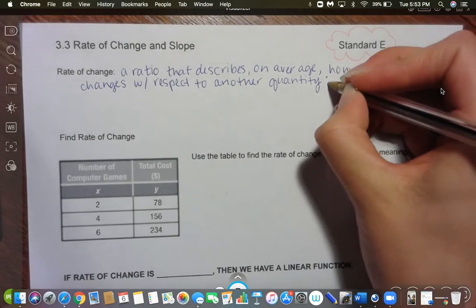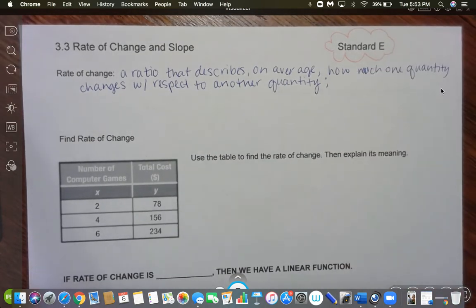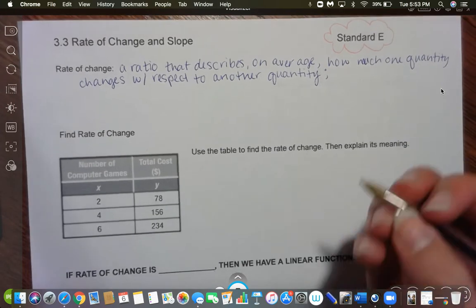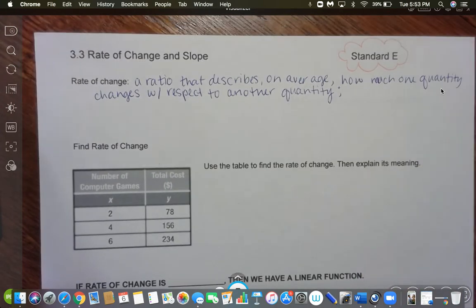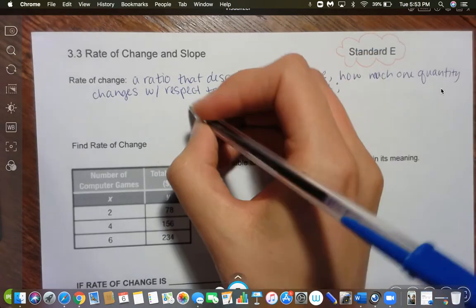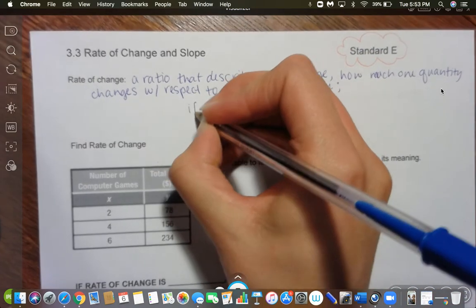So here's another way of talking about it in respect with x's and y's. Just like yesterday we were talking about linear functions with x's and y's, now we're going to look at x's and y's in this sense.